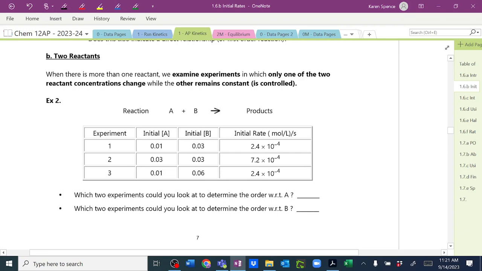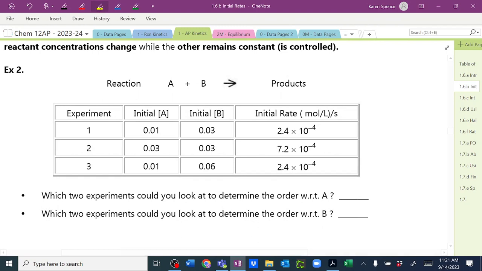All right, we have two reactants now. We have A and we have B. Which two experiments could you look at to determine the order with respect to A? Tell your partner, I want to determine the order with respect to A. Which two experiments should I be looking at? 1 and 2.